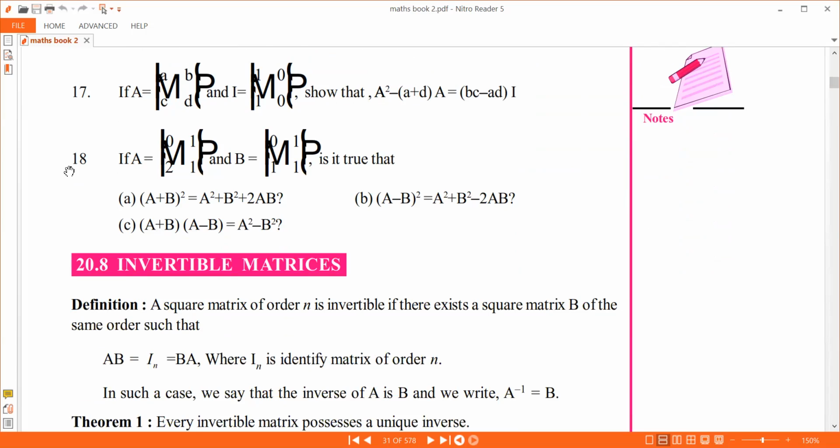This 18th one, you can give a try on your own. This is homework for you. If you have any trouble, please try this and send me the homework, because it is very essential, Aditi, because you will lose confidence in matrices if you don't solve these things. You have to be well versed in multiplication of matrices.